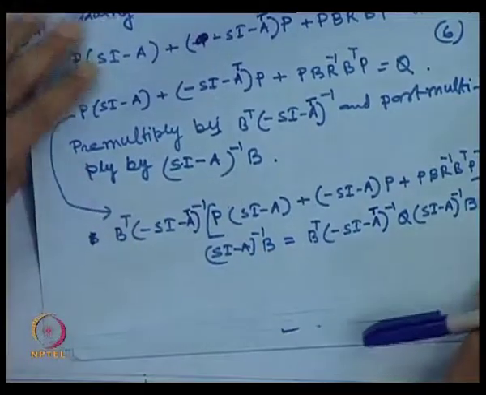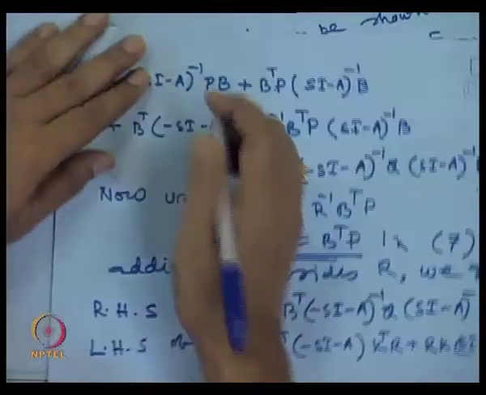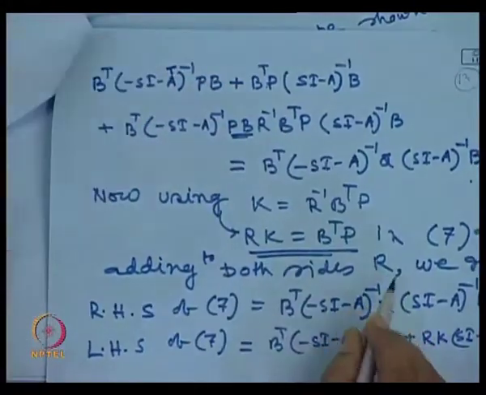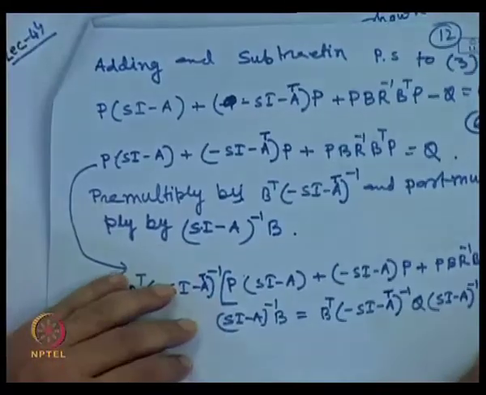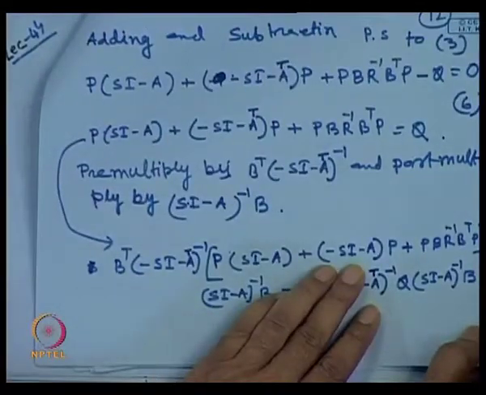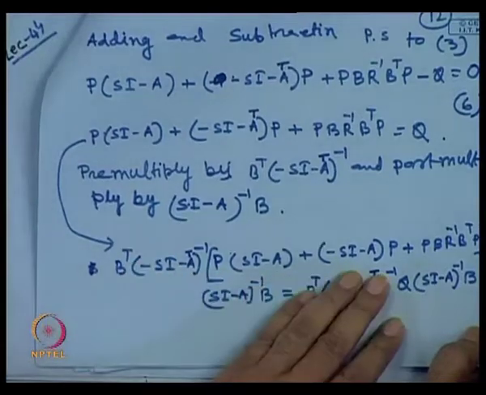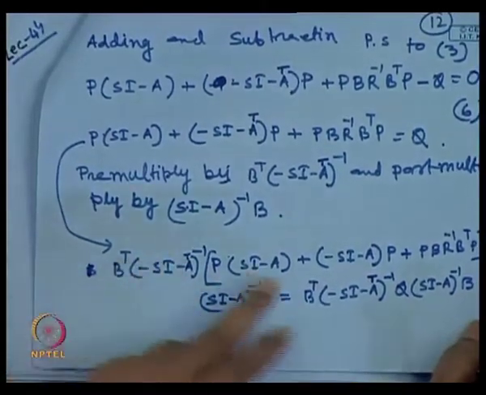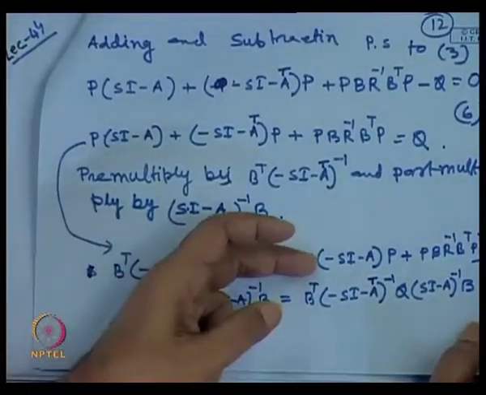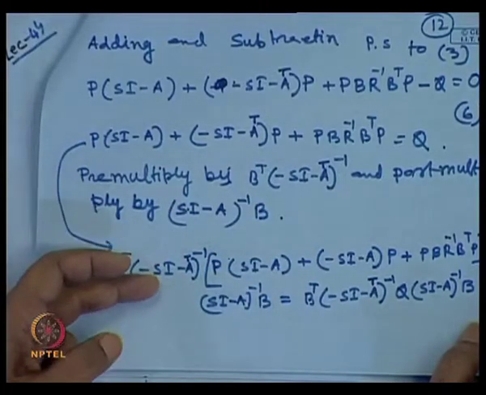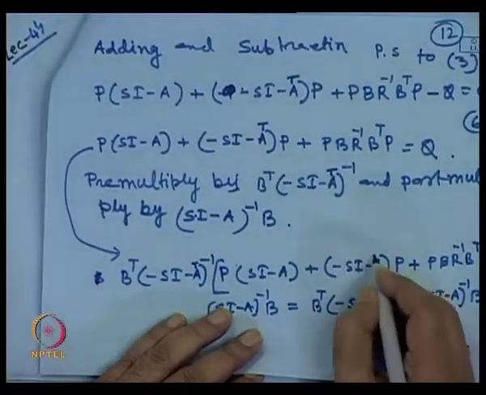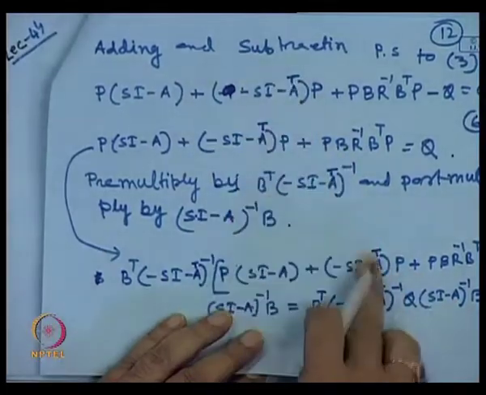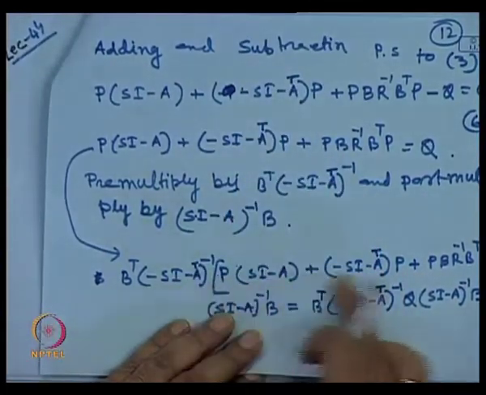So P B. Here only the correction is there, A transpose. This term, S I minus A, if you push it to this side, this and this will be A transpose, so this will be the identity matrix.